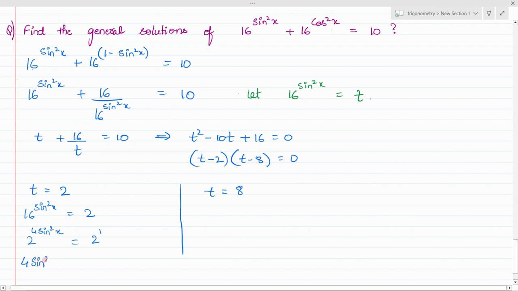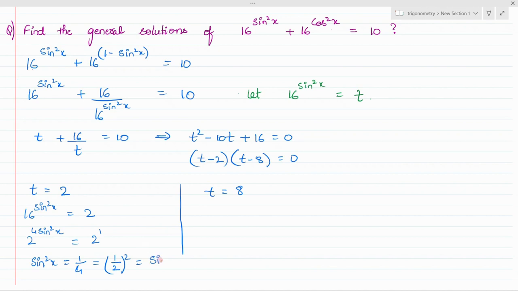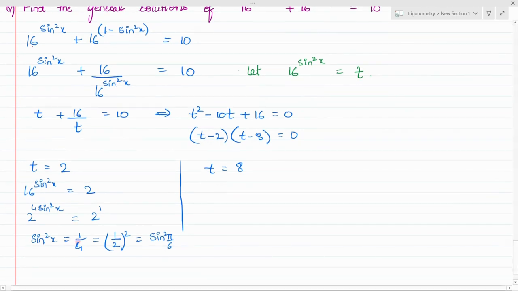We will get it as 4 sine square x is equal to 1, it becomes sine square x is equal to 1 by 4, which can be written as 1 by 2 whole square, which is nothing but sine square pi by 6. For this, we can write the general solution. It's in the form of sine square theta equal to sine square alpha. So it's nothing but x is equal to n pi plus or minus alpha. Alpha is nothing but pi by 6, where n belongs to all the integers.